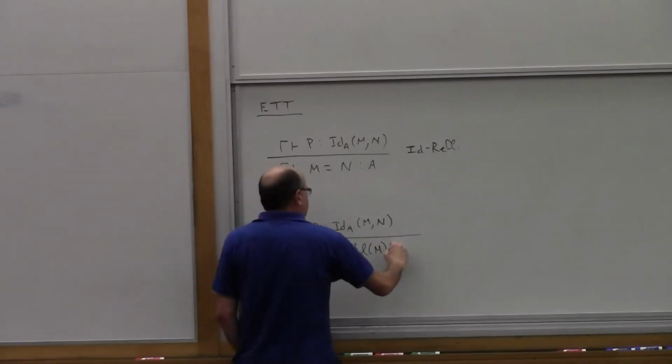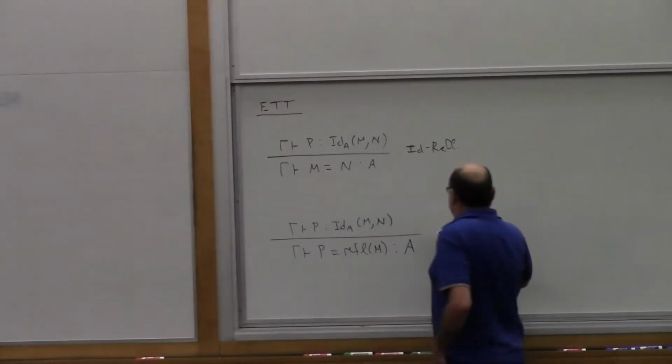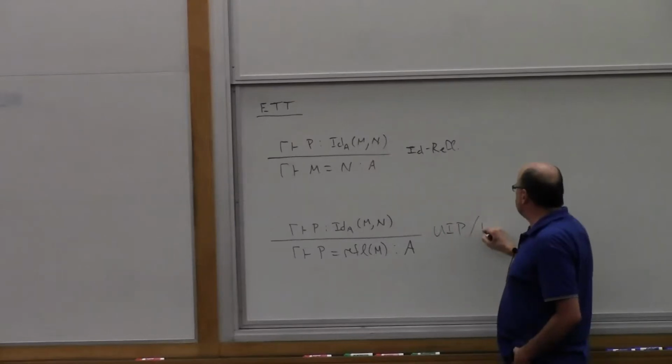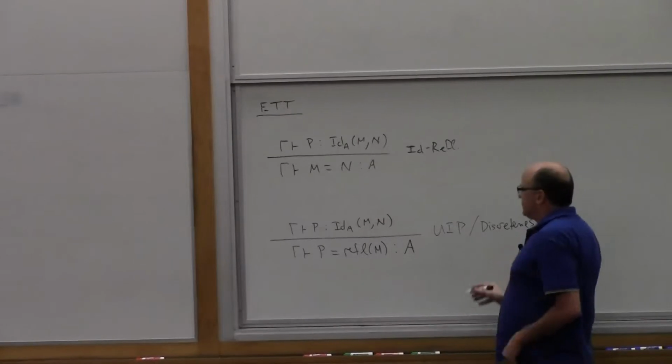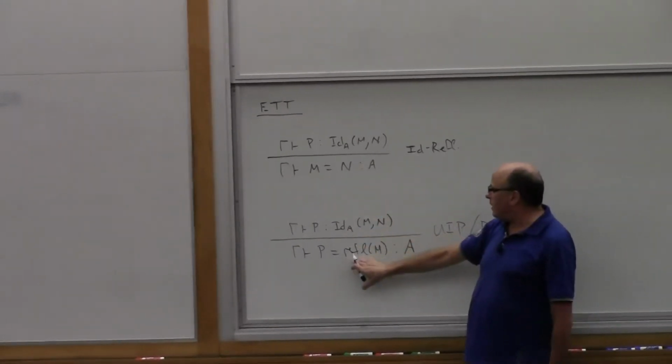I called this UIP, but maybe not everyone calls it that. You could also call this a discreteness axiom, because it's telling us that the only paths of any kind between any two points in A are self-loops given by reflexivity.